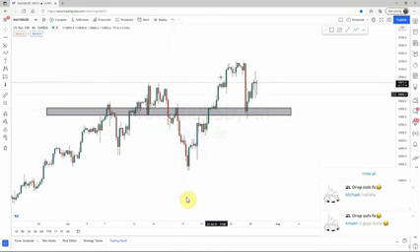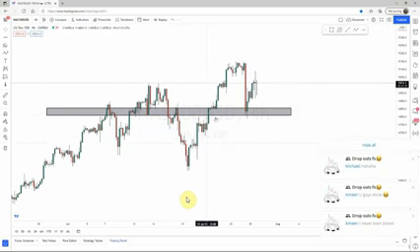So once we break through, it became a breaker block. But price still would come back and respect it. Just not in terms of down, up, and then down, but instead down, up, and then down.